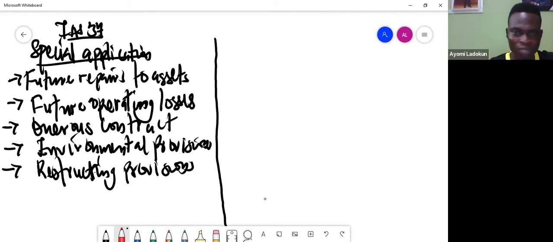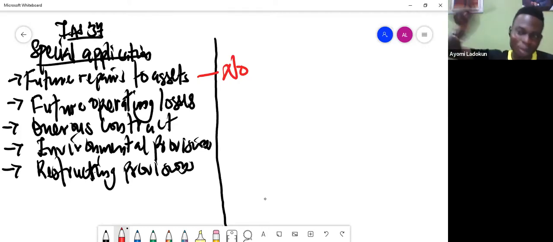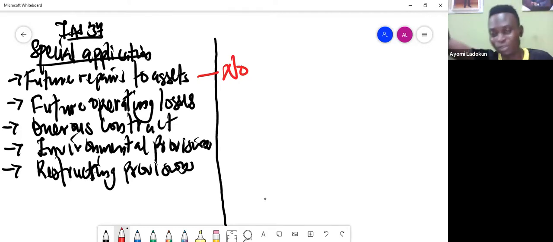You cannot make provision for future repairs to assets. Do you know why? Number one, it relates to the future. There's no present obligation. And another thing is, we said it must be a present obligation, legal or constructive, as a result of a past event, an obligating event. That means you cannot avoid the obligation. In this case, we can avoid that obligation by selling off those assets before June.